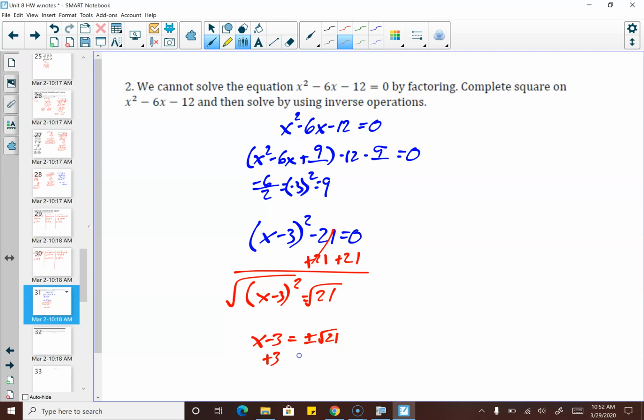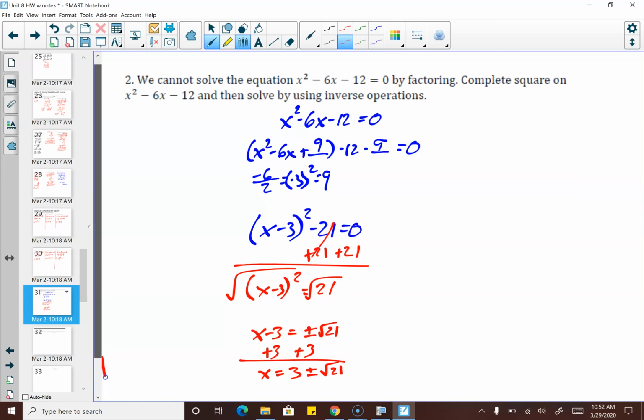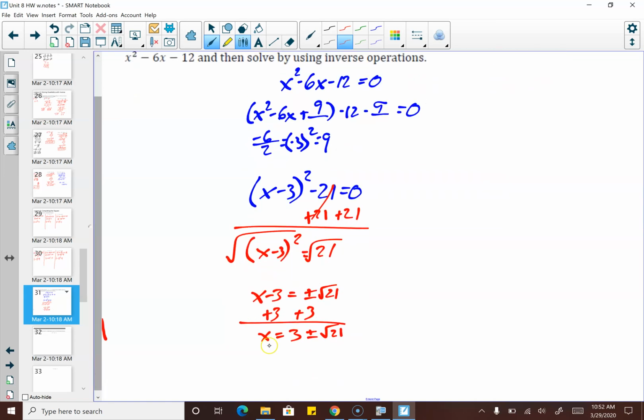We'll add our 3, and we end up with x equals 3 plus or minus square root 21. And again, there is a square root involved there. We can't actually combine those. So that's going to be our answer. And that'll be something that we expand on in the next couple lessons, more of our solving with completing the square.